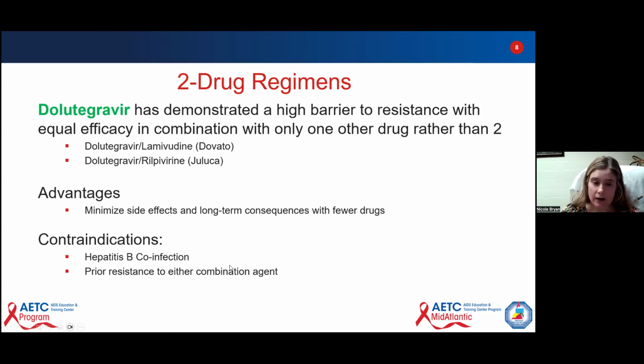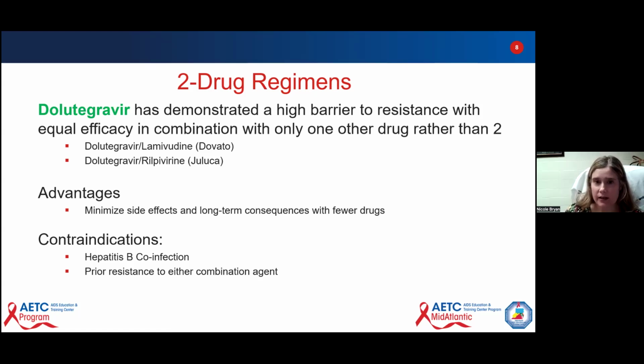The biggest contraindication to anything I mentioned that's only a two-drug regimen is going to be hepatitis B co-infection. You guys have probably talked about that in the context of hepatitis C throughout this series, where if you treat a patient who has both hepatitis B and C, and you treat the C, the B can flare. The same concept can happen in patients with HIV.